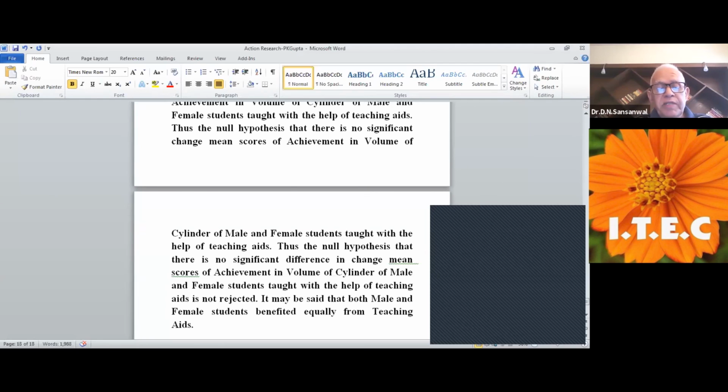It may therefore be said that male and female students benefited equally from teaching aids. Now this becomes your finding.